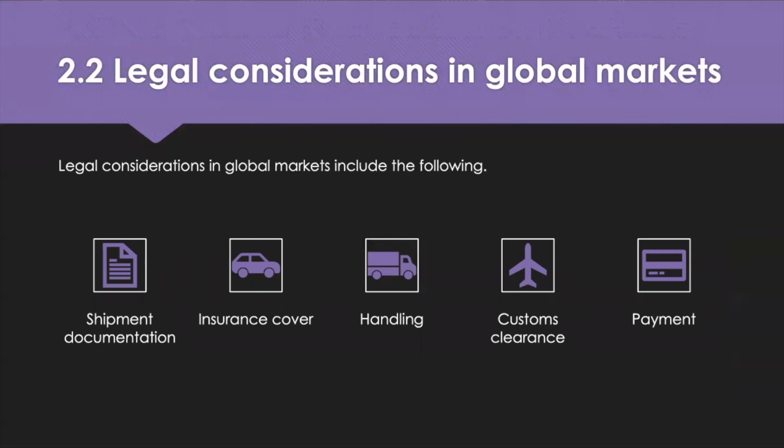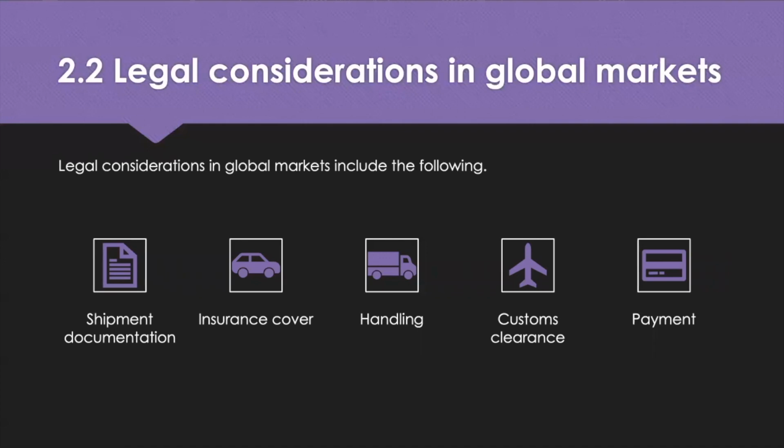Now, when cargoes move from one country to another, they may pass through several international borders and different legal regimes governing the contract. International conventions have been developed to reduce uncertainty that may arise from conflicting legal systems.